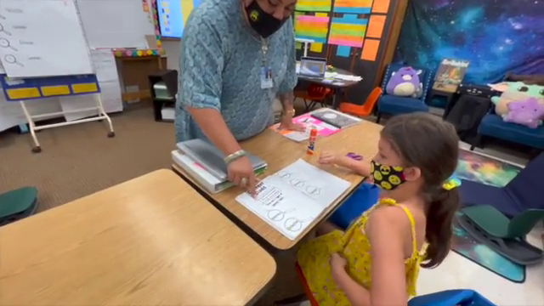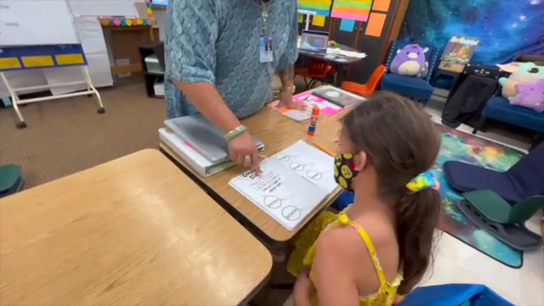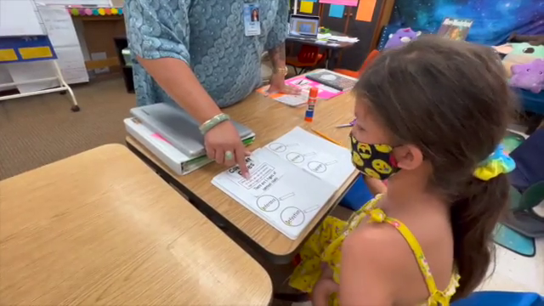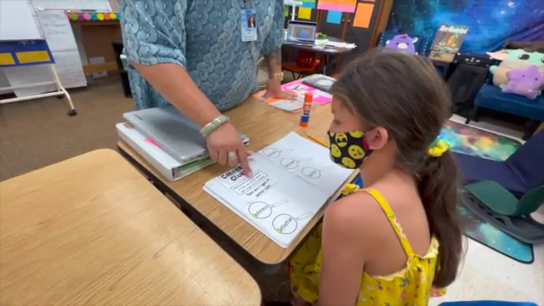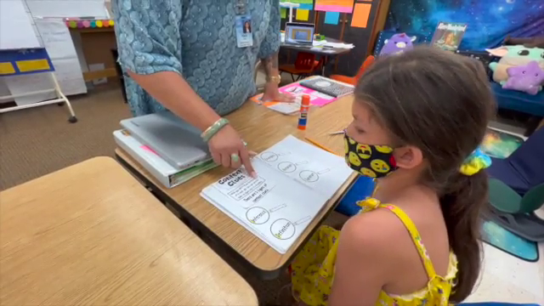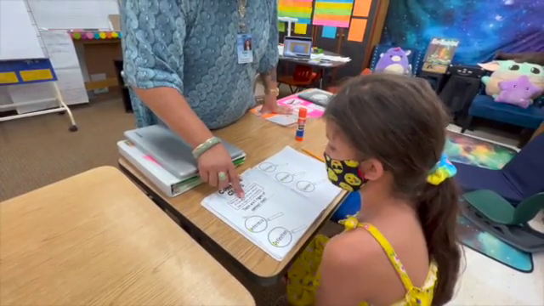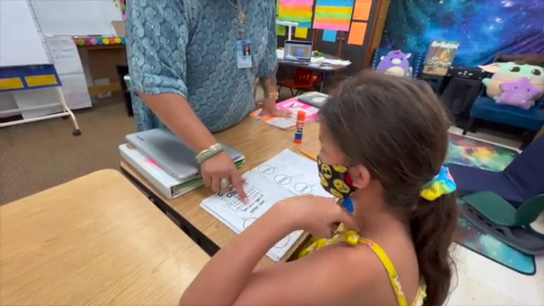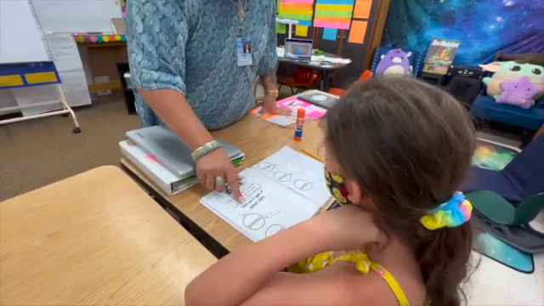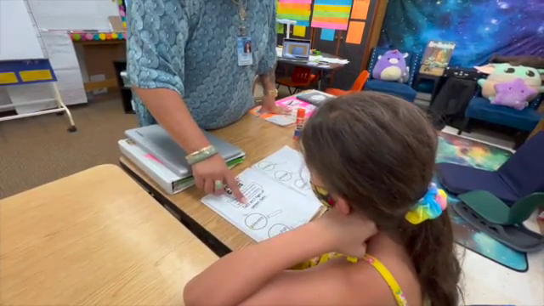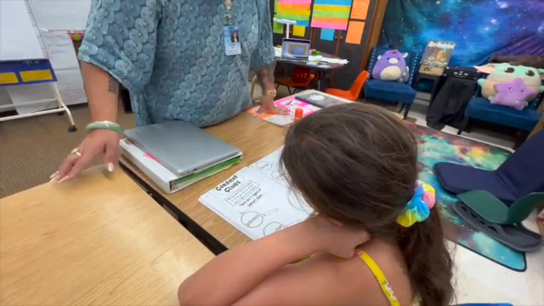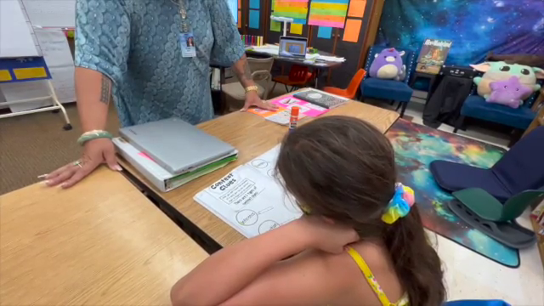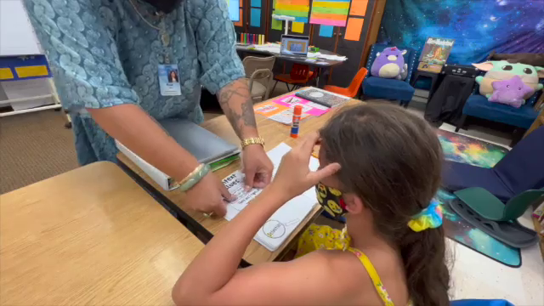Okay, can we read this? Context clues are good reading. Context. Big. Break it apart. What are we trying to do? You can use context clues to, what is that word?